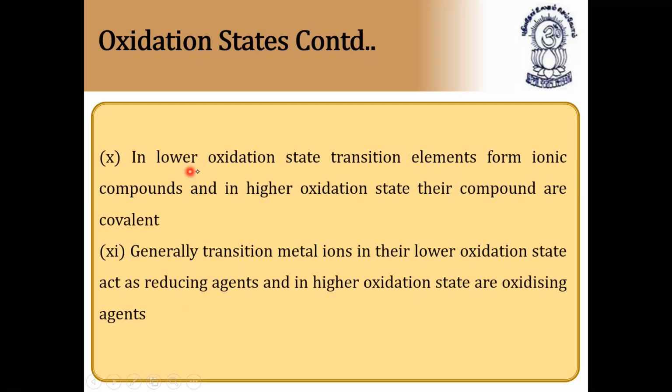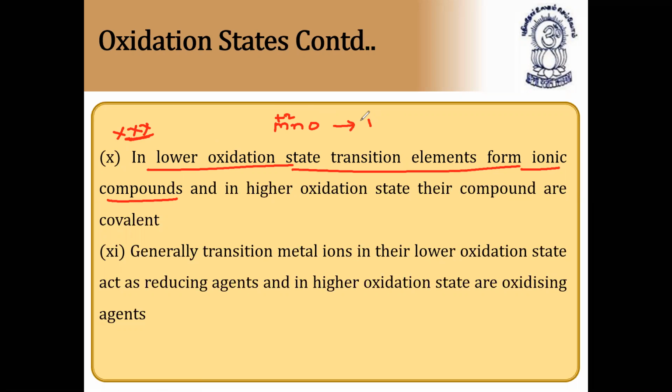Next condition, in lower oxidation state, very, very important. This point is very, very important. In lower oxidation state, transition elements form ionic compounds. For example, I'll tell you now clearly. Manganese oxide, where the oxidation state of manganese is +2, is in a lower oxidation state.